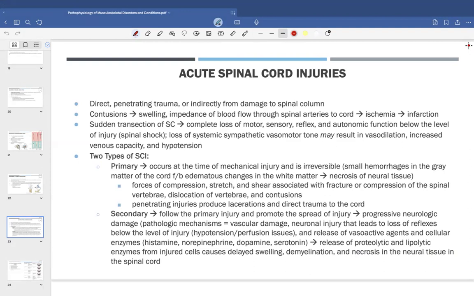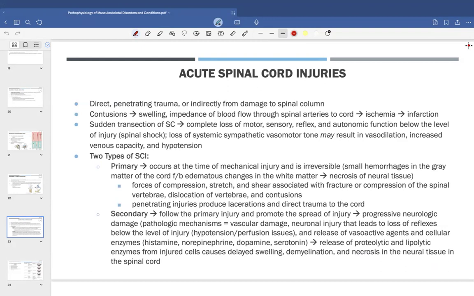You have blood supply, you have spinal arteries going in this area. If you have an injury, you can damage those spinal arteries. It can bleed. Where is the blood going to go? It's going to extravasate into whatever space it's in.